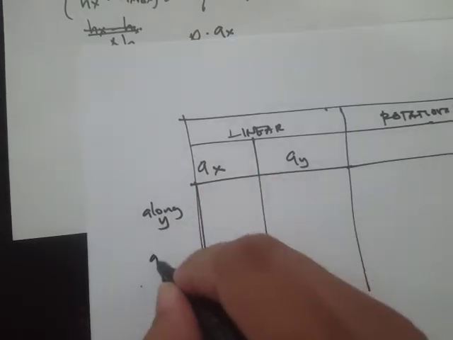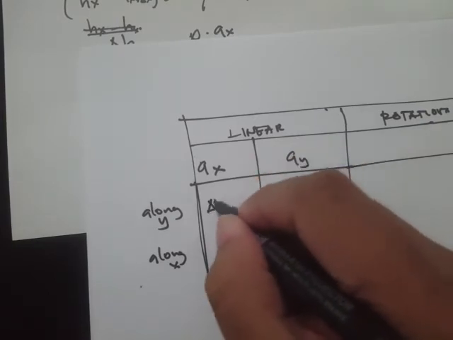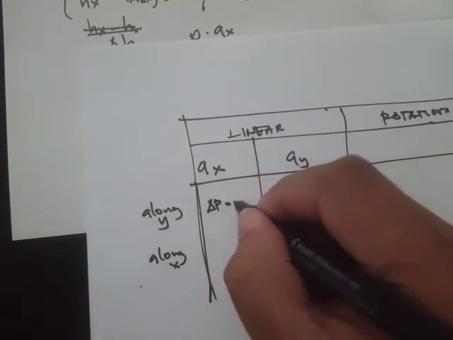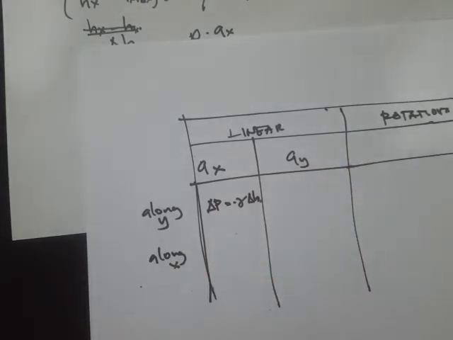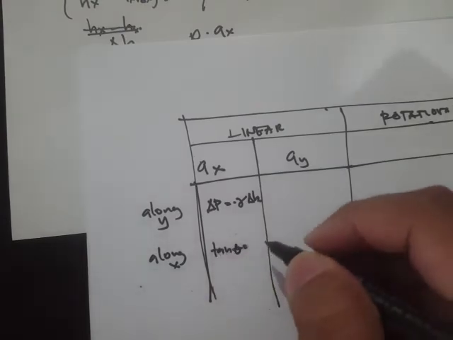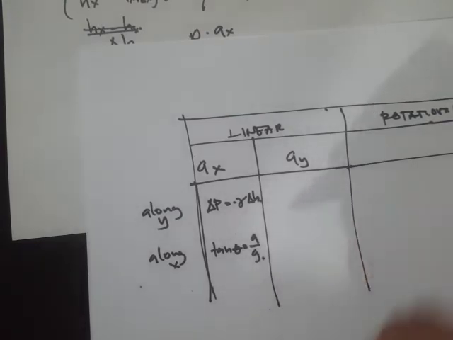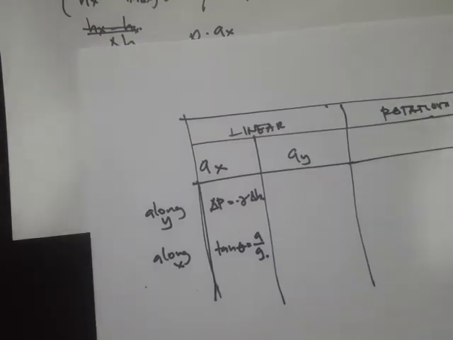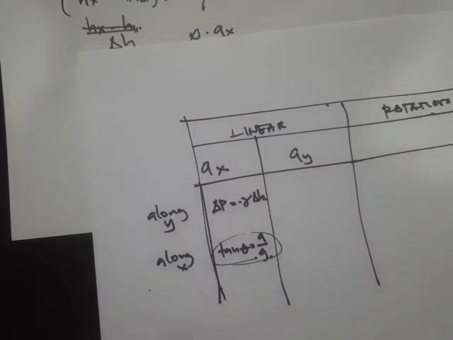Along the y we still have the same hydrostatic equations, but along the x we have an additional equation, which is tangent theta is equal to a over g. Note that this equation only applies to, let's say, purely along the x-axis.